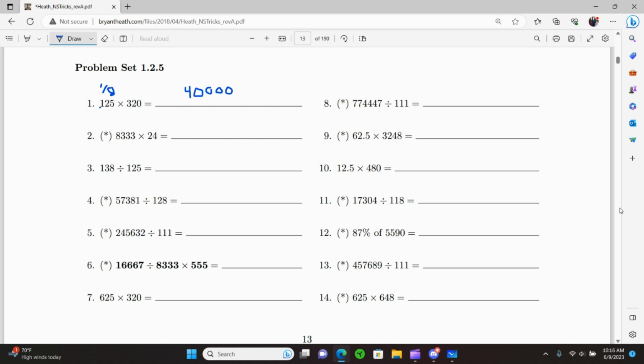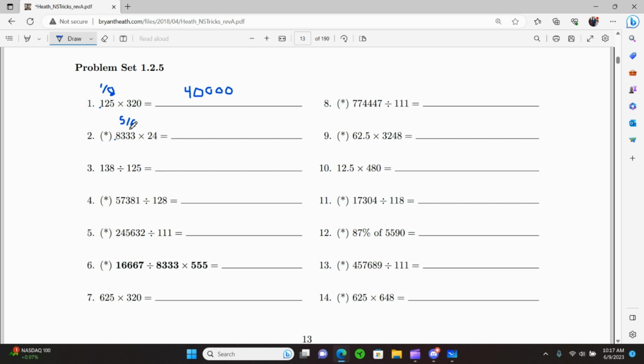Notice on problem number 2, this has an asterisk next to it. This just means that you have to be within 5% of the correct answer. So what would be my approach on number 2? Again, this comes back to memorization from the fraction tree. By filling out the entire fraction tree, I notice that 8333 is very close to 5/6 because 0.833 repeating is 5/6.